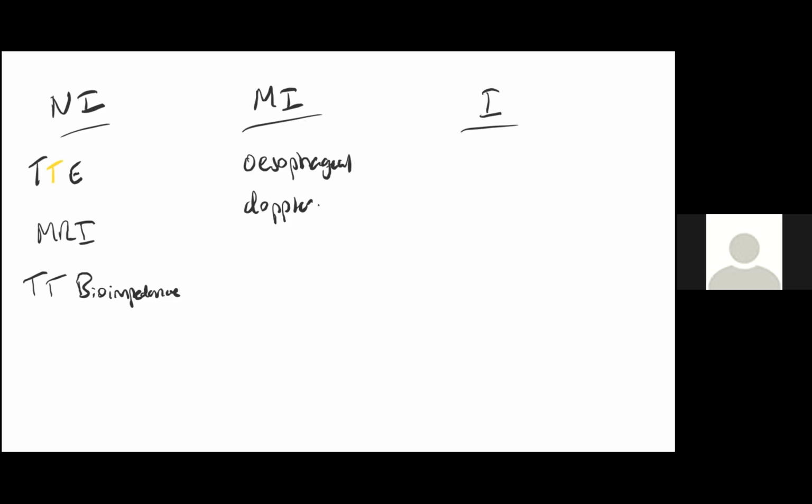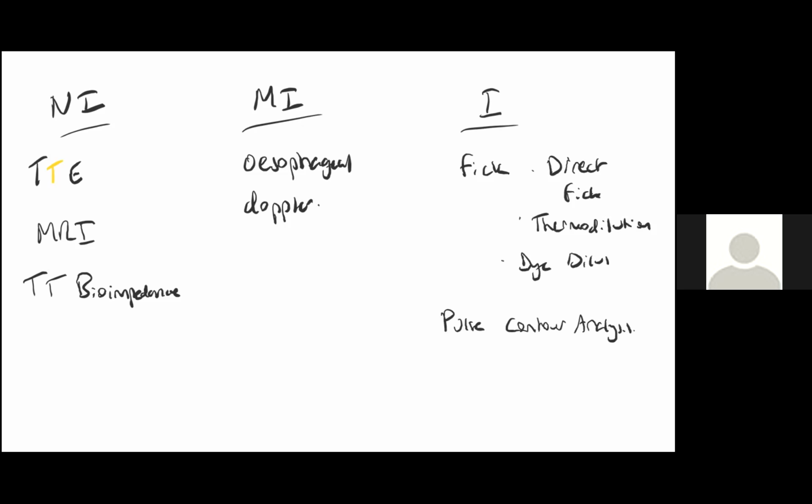These are best subclassified into those that rely on the Fick principle and those that rely on pulse contour analysis. The Fick principle techniques can be the direct Fick method, thermodilution, or dilution techniques.